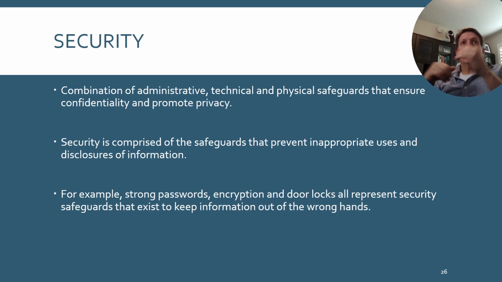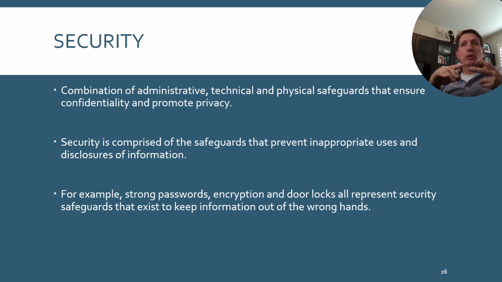Then when we talk about security, it is the combination of administrative, technical, and physical safeguards to ensure those two things that we wanted: confidentiality and to promote privacy. Then security is the prevention of inappropriate use and disclosure of information.